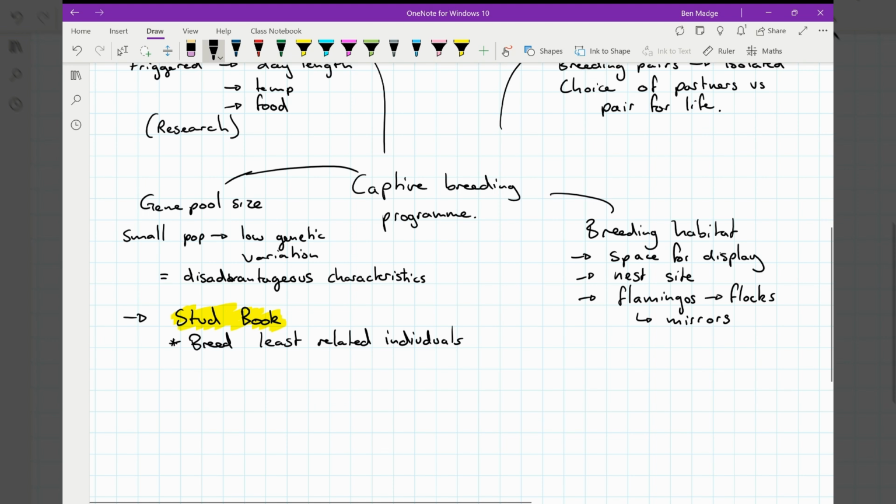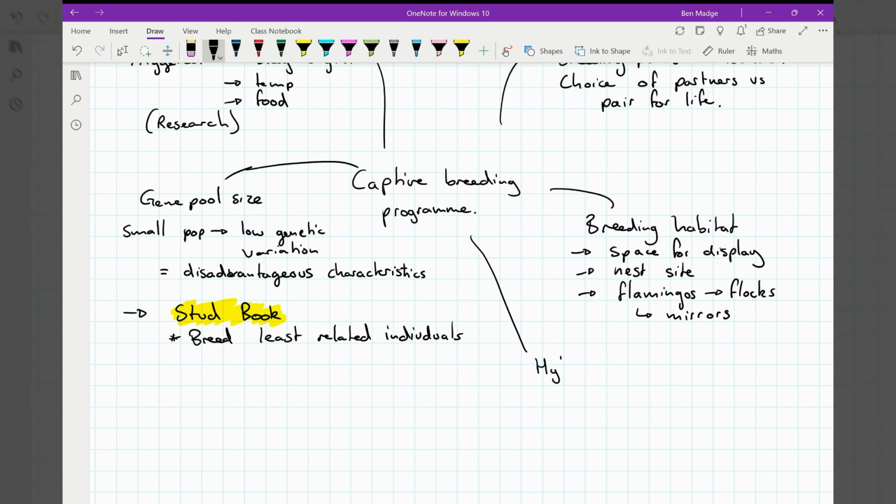And the last one then is hybridization, where we have closely related species breed and they lose their value for conservation then. So to avoid this, we need to be really aware of it.